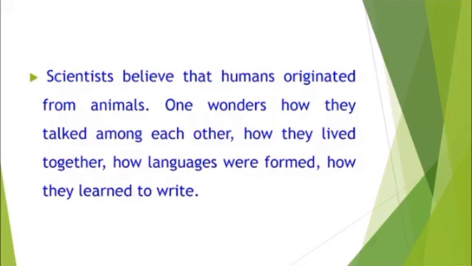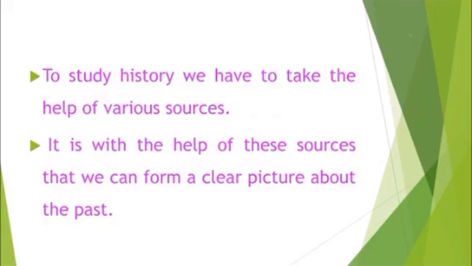One wonders how they talked among each other, how they lived together, how languages were formed, how they learned to write. To study history, we have to take the help of various sources. It is with the help of these sources that we can form a clear picture about the past.